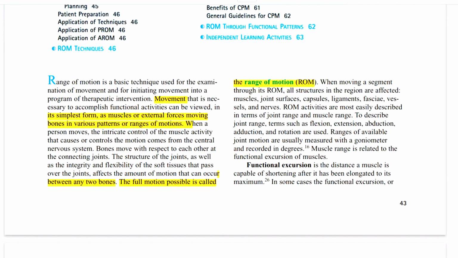Okay, range of motion helps maintain joint mobility, muscle flexibility, and functional movement. So that means the joint is basically mobile. If you perform range of motion exercises, the patient's flexibility can improve and also the functional movement.